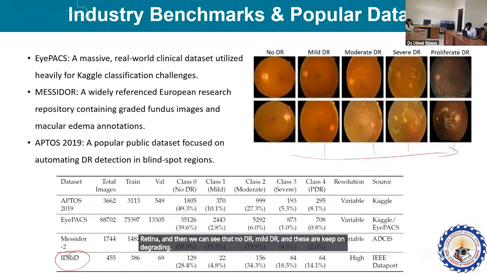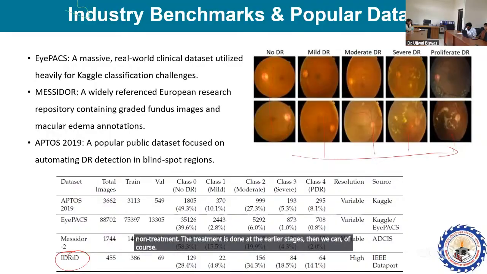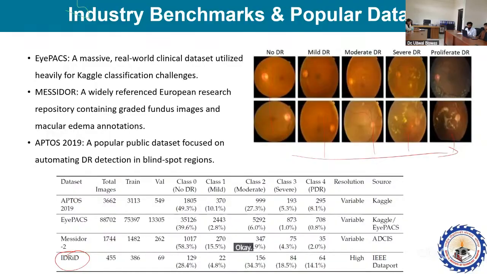These are all the blood vessels that are rupturing and the bleeding is occurring. If the treatment is done at the earlier stages, then we can, of course, prevent the severe and the proliferative DR. These are some of the data sets that we use in our work as well, and 4 data sets have been used.